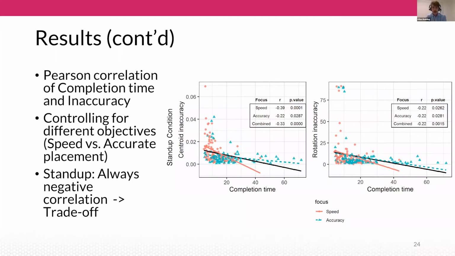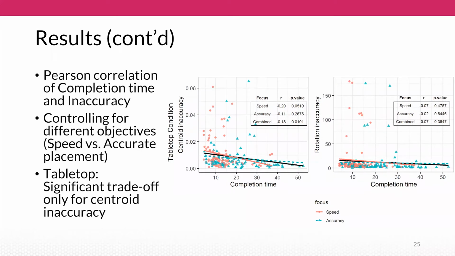In the next slide, we see the tabletop condition. Here, the results are already different. While there is a significantly negative correlation for centroid inaccuracy, we do not see that trade-off anymore for rotation inaccuracy.